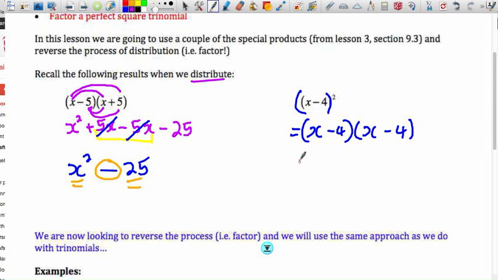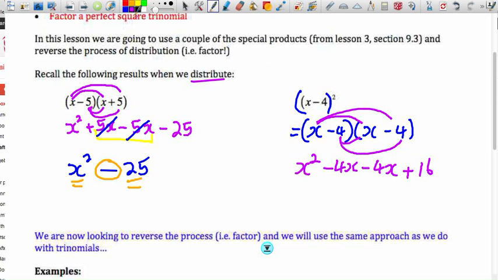You'll see when we use our distribution that we in fact end up with a trinomial as our answer. So we have x times x to give us x squared, x times minus 4 gives us minus 4x, minus 4 times x gives us another minus 4x, and minus 4 times minus 4 is plus 16.